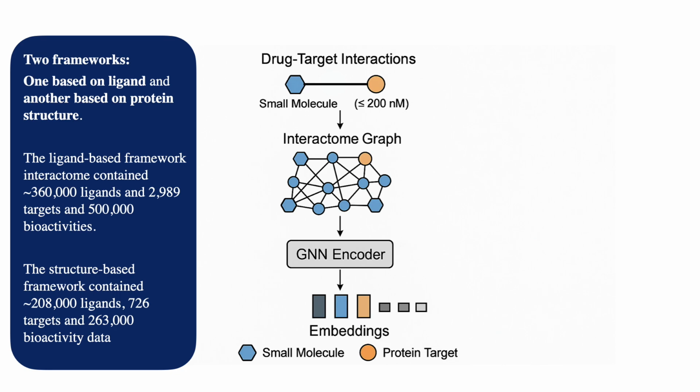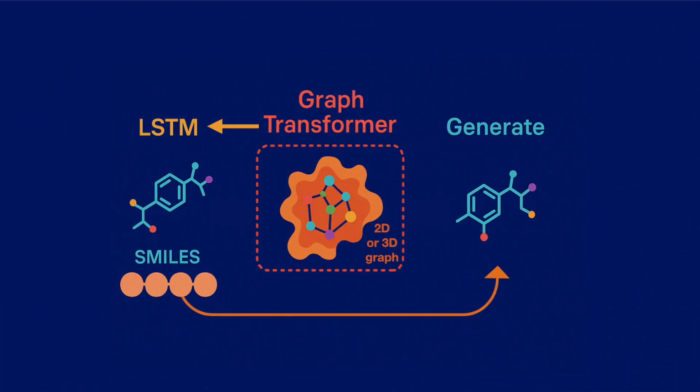Then, that latent vector is passed to a chemical language model built on an LSTM architecture. The LSTM decodes the fingerprint into a molecular string, generating a new molecule in the form of SMILES, for instance. Importantly, this generation isn't random.